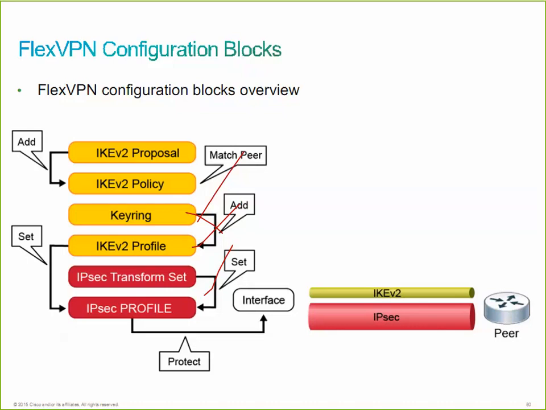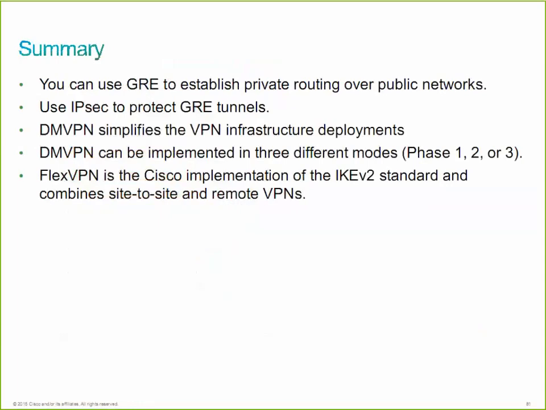Okay? Wow. Only 3 hours and 40 minutes later, we're finished with this particular discussion. We talked about classic GRE and private routing over public networks, and how to add encryption or IPsec tunnels to those GRE tunnels. We talked a lot about DMVPN, the different phases of DMVPN and how we progress through the different phases to provide us different features.